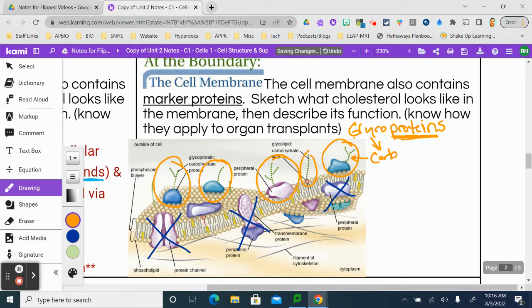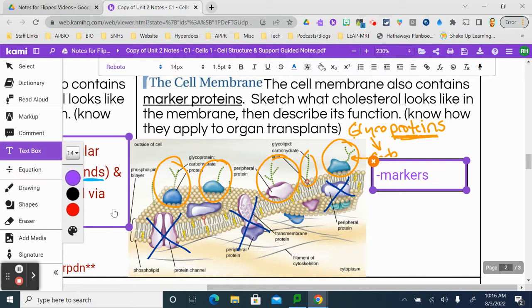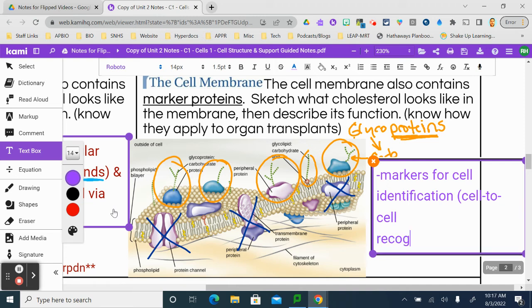These are sugar side chains that stick off, generally on the outside, because these are markers for cell identification, sometimes called cell to cell recognition.